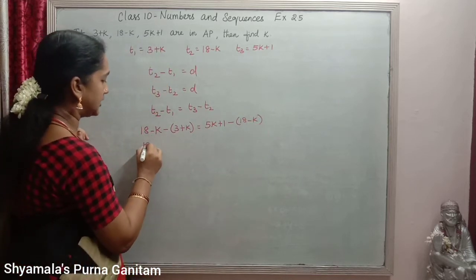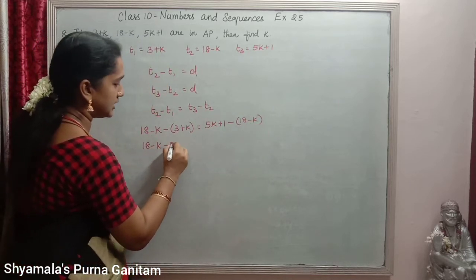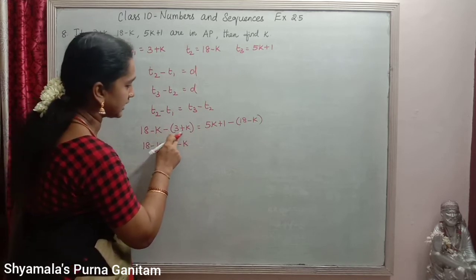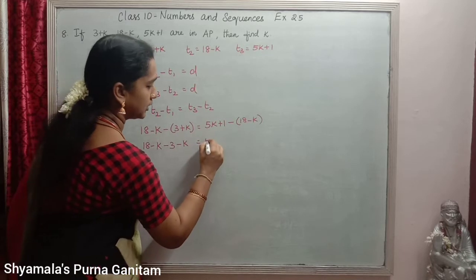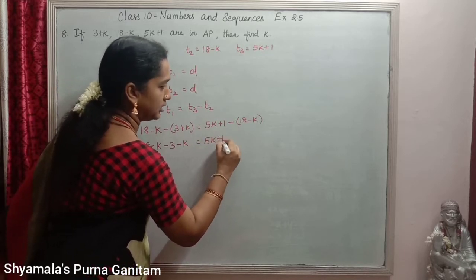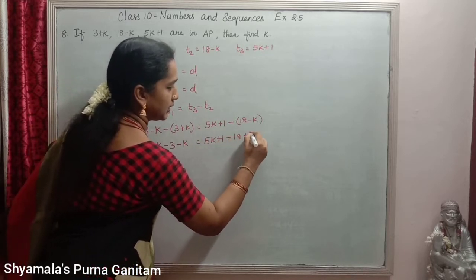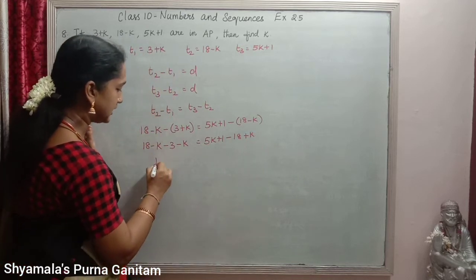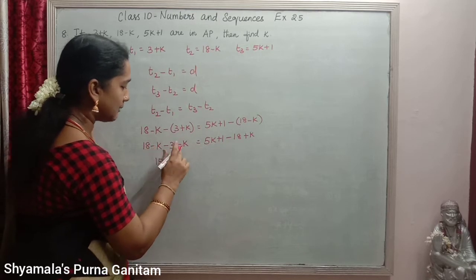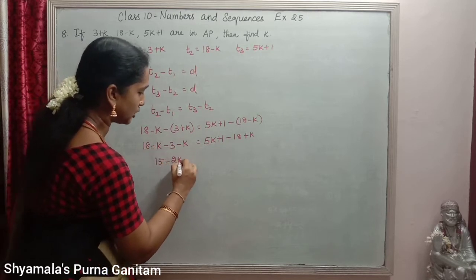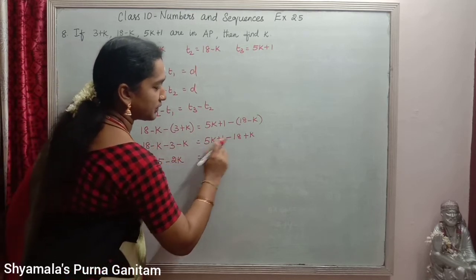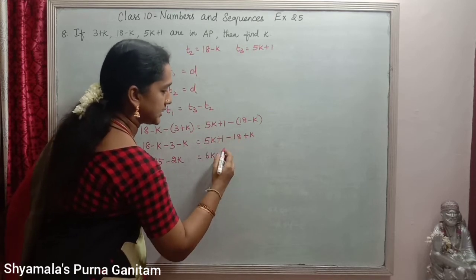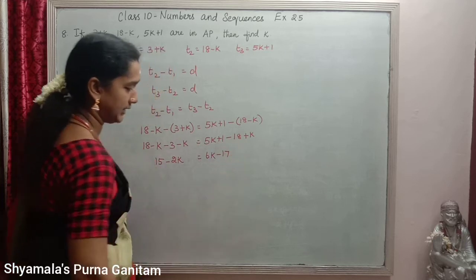Okay, so 18 minus k minus 3 minus k, and I am multiplying this minus sign inside, is equal to 5k plus 1 minus 18 plus k. Now we will simplify. So 18 minus 3 is 15, minus k minus k is minus 2k, is equal to 5k plus k is 6k, plus 1 minus 18 is minus 17.